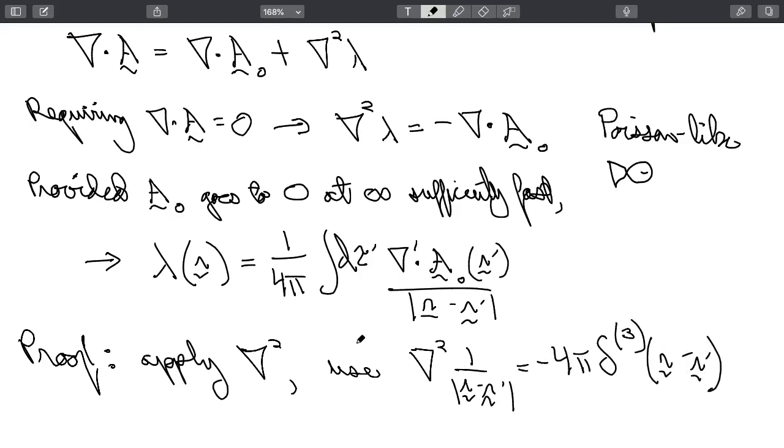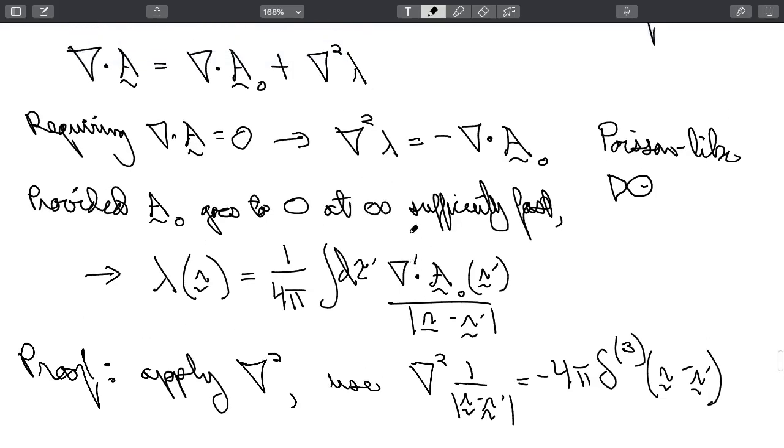And you see then you get it straight in one line that indeed this is a solution to this equation. So once you've defined your gauge choice like this, you can always make it work.